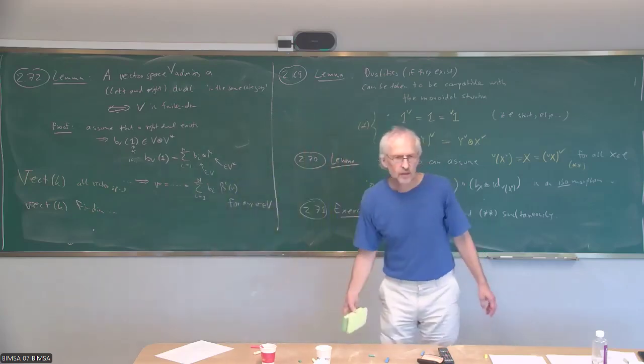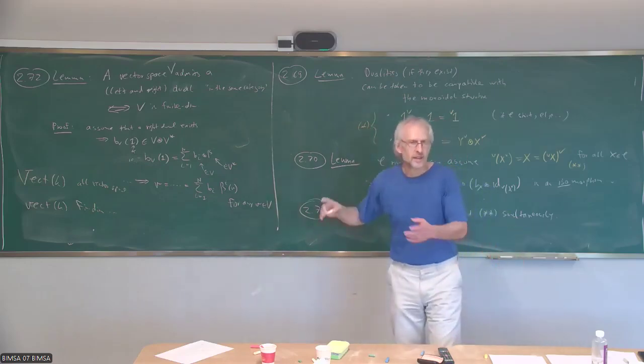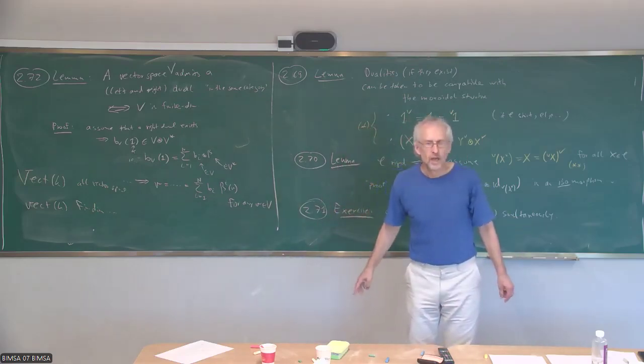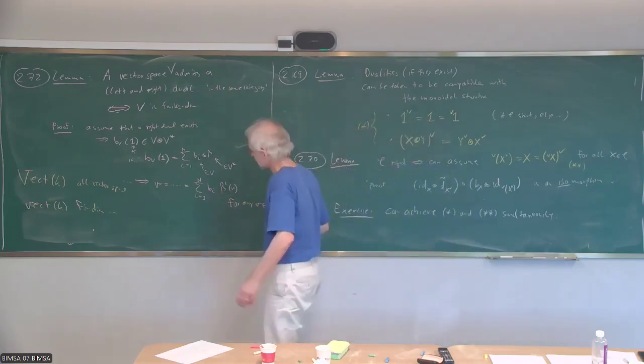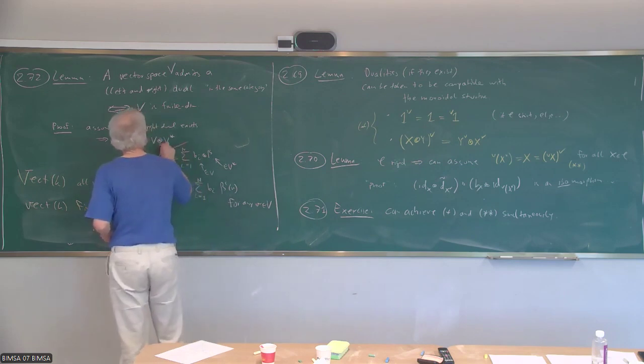So it really depends on the definition of the tensor product. So an element can be written as a finite sum, right? That I should have said. Thank you. So, definition of the tensor product.